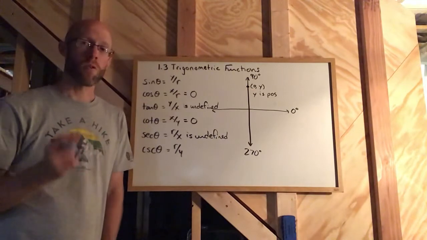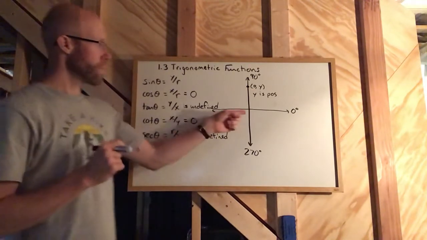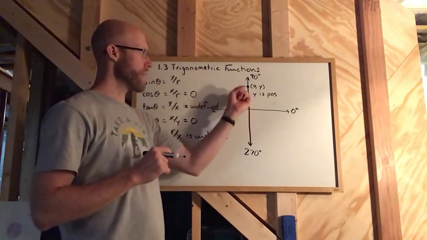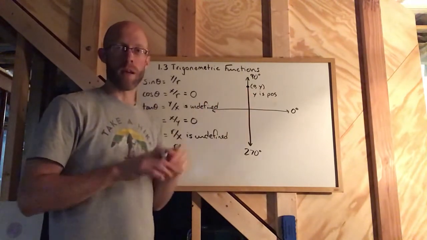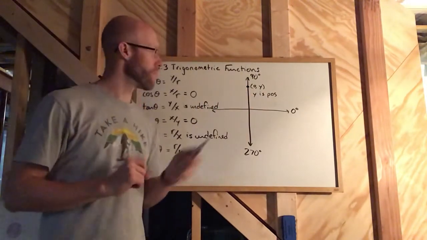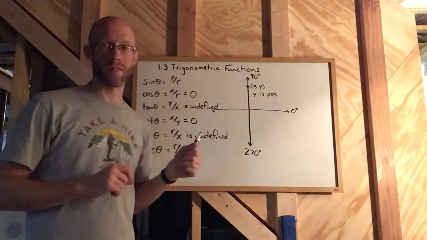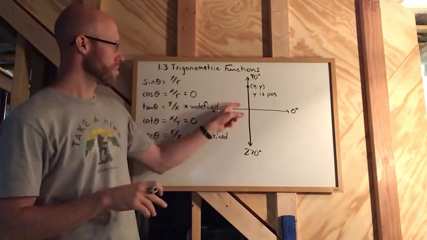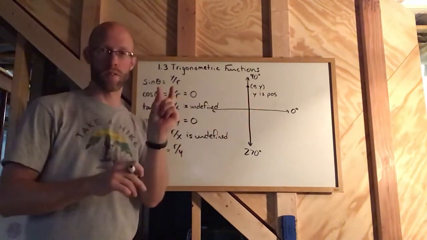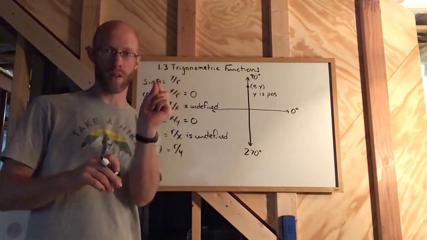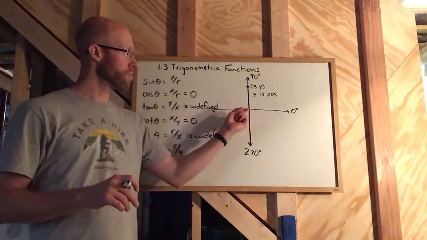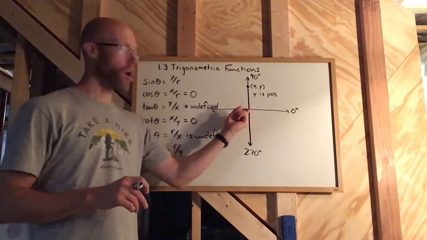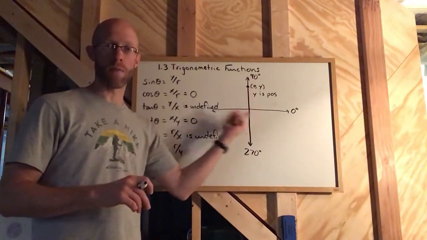But we also know one other thing, that at that point, the y value and the radius are the same. The vertical side of the triangle, it's kind of not really even a triangle, because it's shrunk down to where the thickness is nothing. But the r and the y are the same distance.